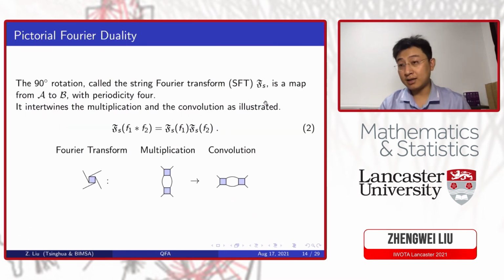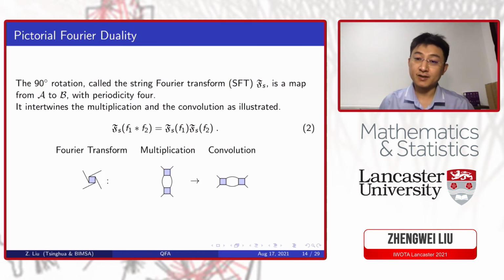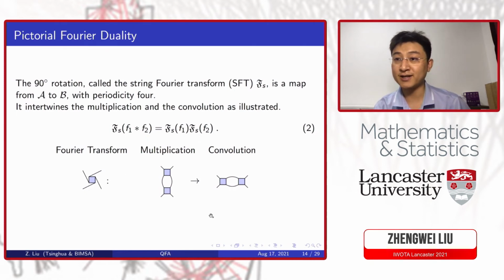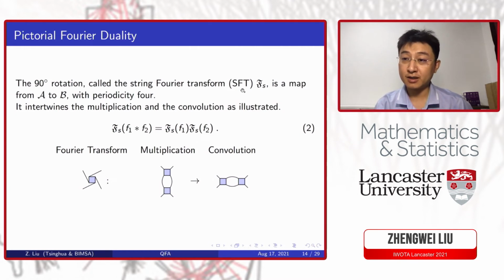And another interesting feature is the 90-degree rotation. So this 90-degree rotation, pictorially, intertwines the horizontal direction and the vertical direction. And it actually plays the role of the Fourier transform. It intertwines the multiplication and the convolution. So that's the pictorial Fourier duality.